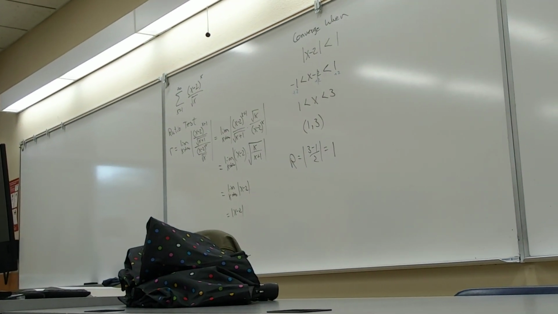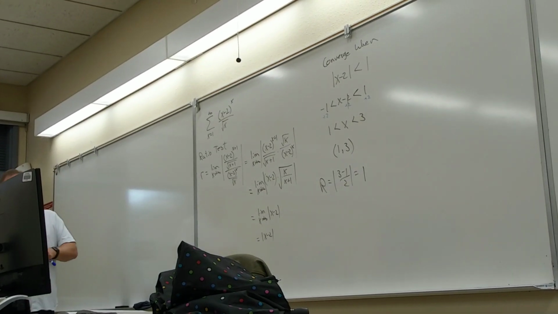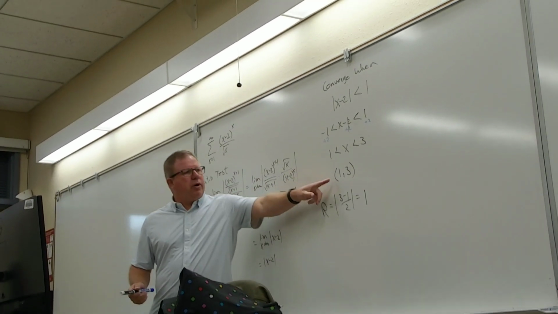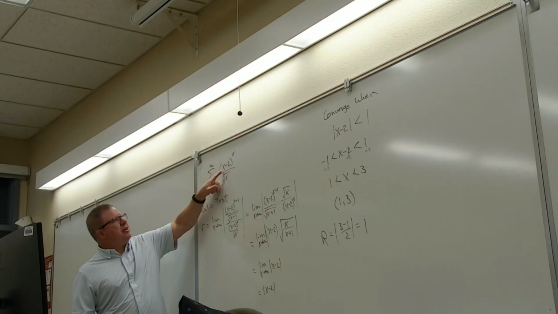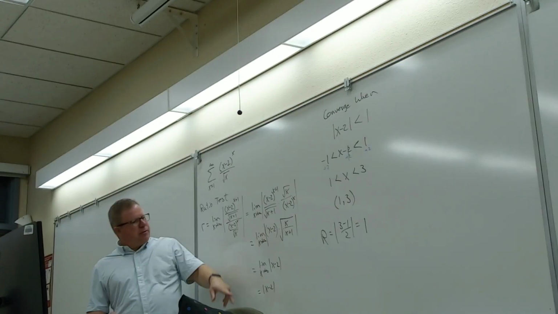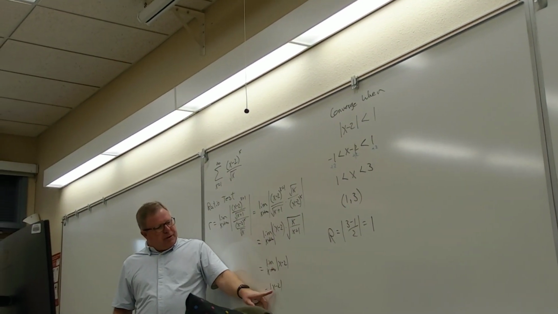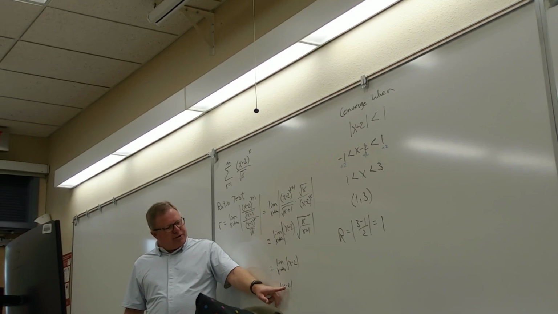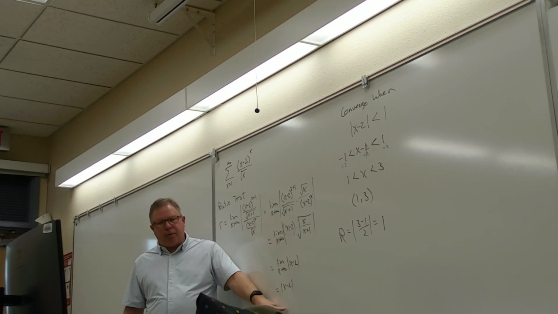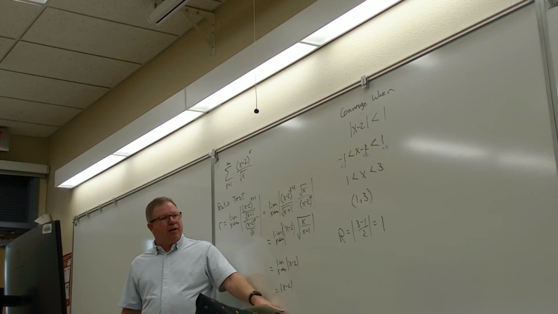But we still don't know about the endpoints, do we? Because if we put either the endpoints 1 or 3 into here, when we do the limit, if you put in 1, you can go all the way back to here. If you put in a 1, 1 minus 2 is -1, that limit will equal +1. If you put in 3, 3 minus 2 is 1, absolute value of 1 is 1, it equals +1.